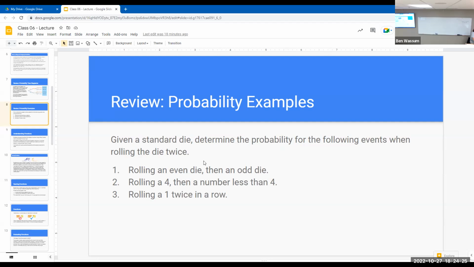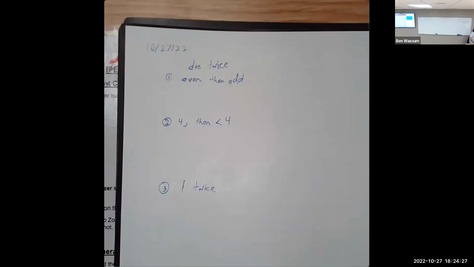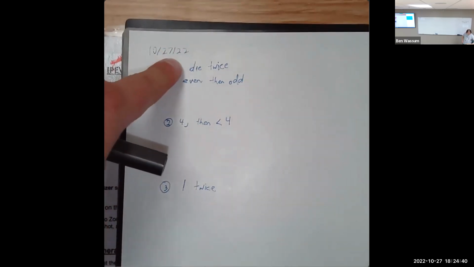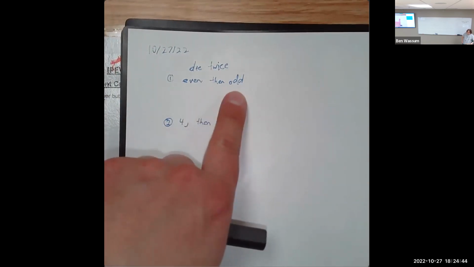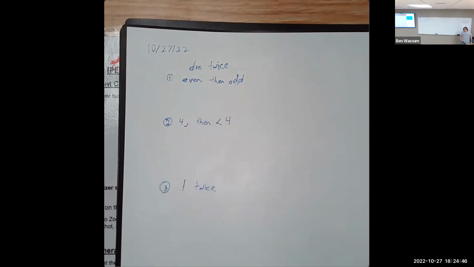Over to notes. Die twice. Okay. So we're looking for the probabilities of rolling a die twice, and that first we get an even number, then we get an odd number, right?